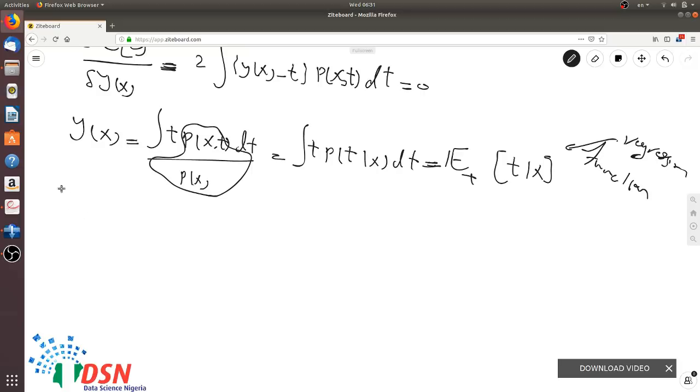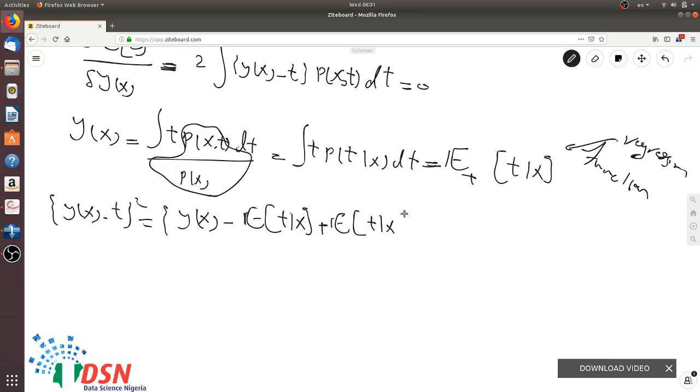Now, maybe it is better to derive this in another way, which could be more intuitive. If we write y of x minus t squared in this form, we just add and subtract the conditional expected value of t given x and expand it.